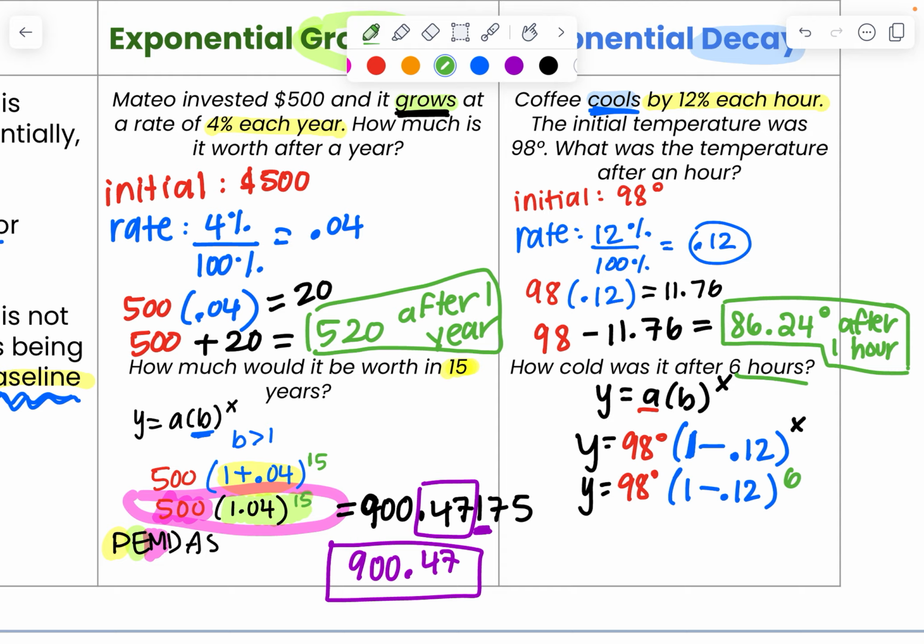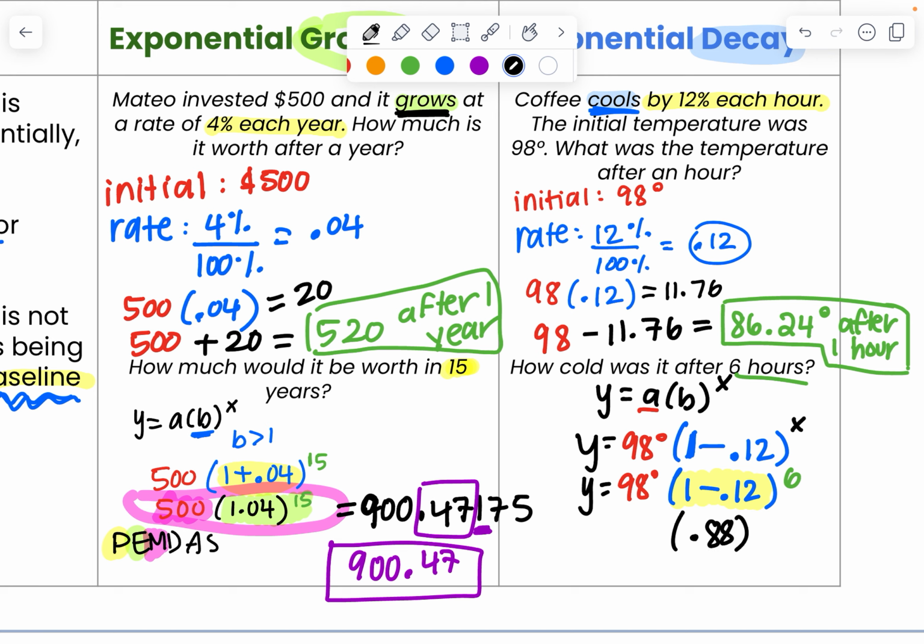Using PEMDAS, we're going to need to simplify these parentheses first. 1 minus 0.12 is 0.88. So using PEMDAS, I get 0.88.